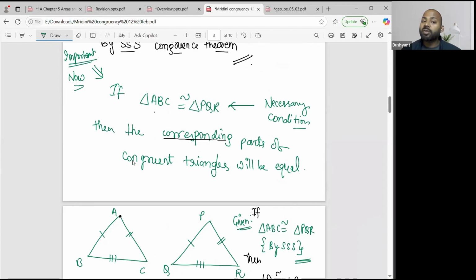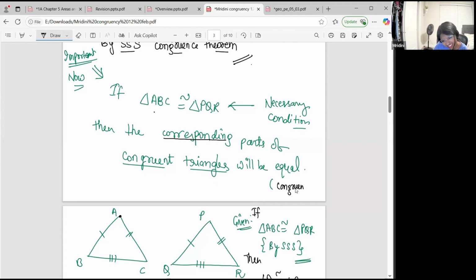Yes, corresponding parts of any congruent triangle. Doesn't matter which property you are using. If you are saying that they are congruent, at that moment you are claiming that all the corresponding parts of the congruent triangles will be equal. So in short, we will call it CPCT.